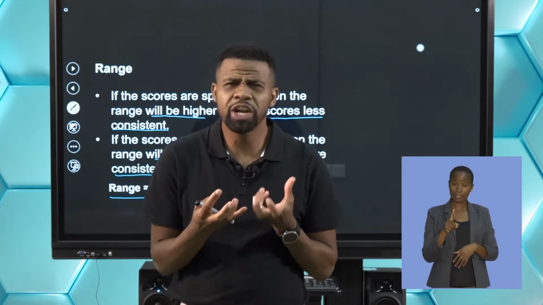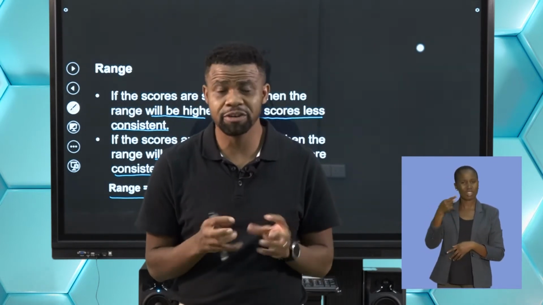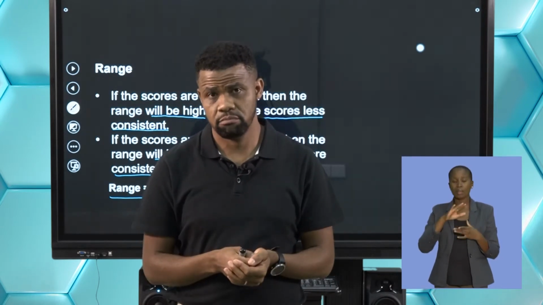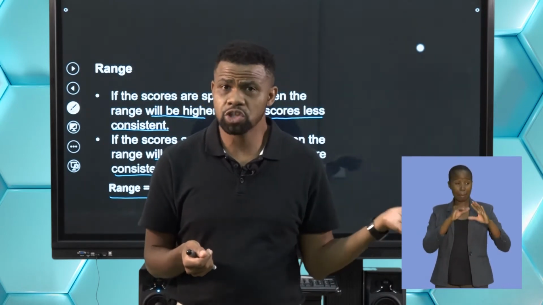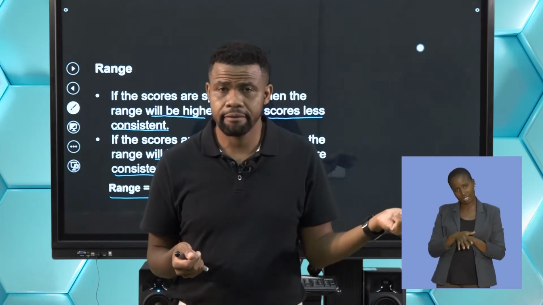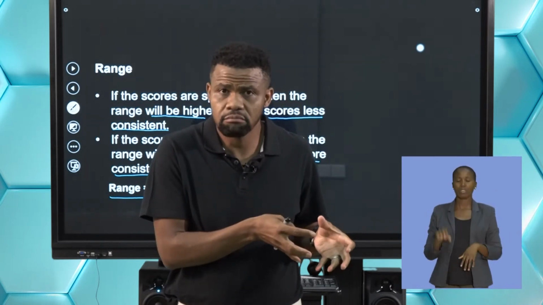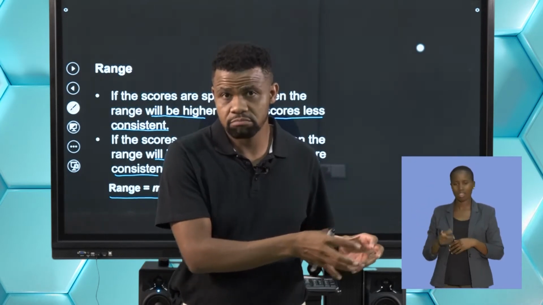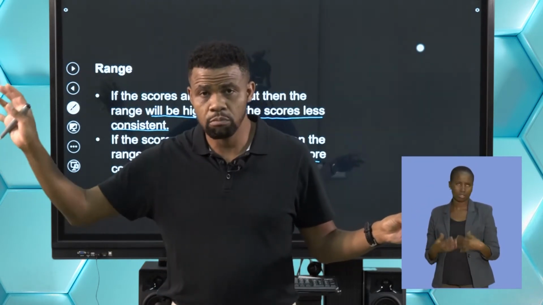But range is not a good measure of spread because it can be affected by the extreme value. What if one student had a bad day, a difficult day, and performed poorly in the test, and one student performed very well?